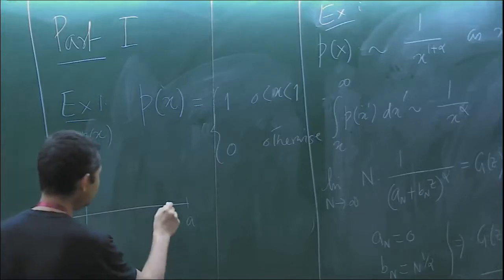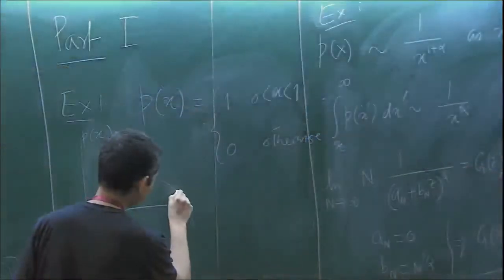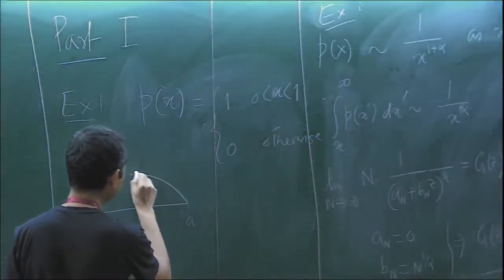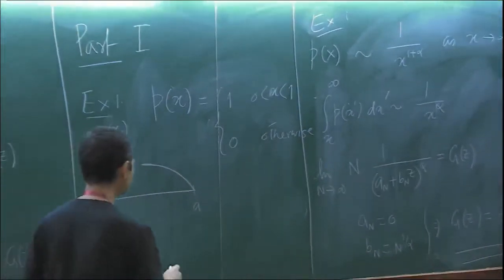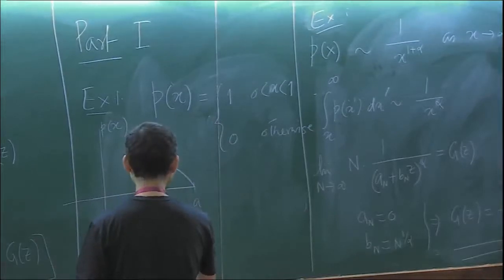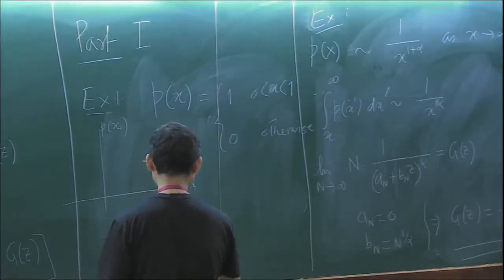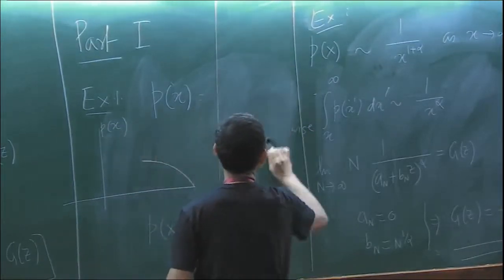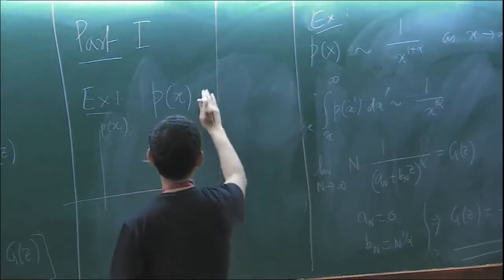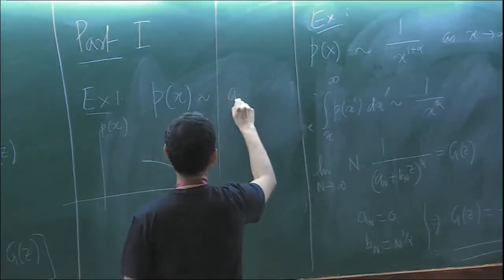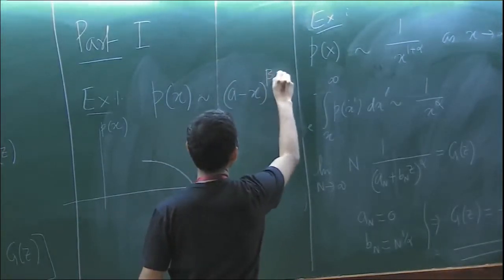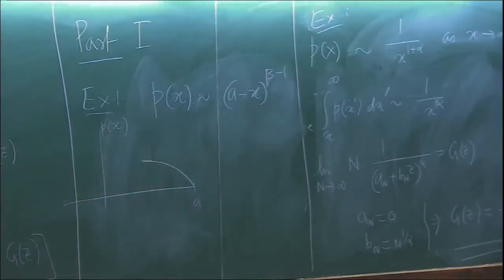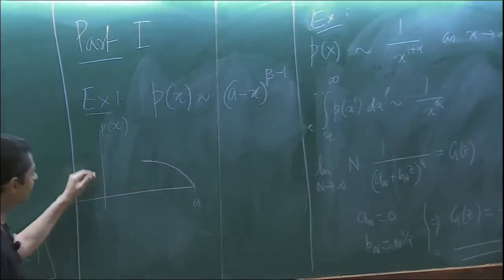And assume that the behavior of this guy, P of x, need not go to 0, but let's say it goes like A minus x to the power beta minus 1, right? So if beta is greater than 1, it goes like that.